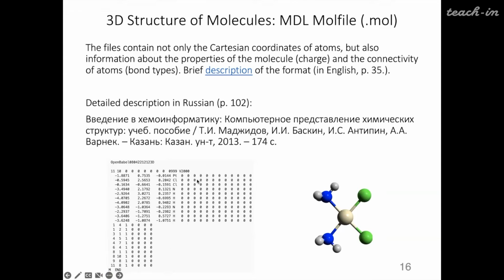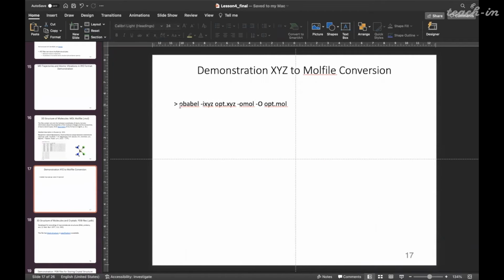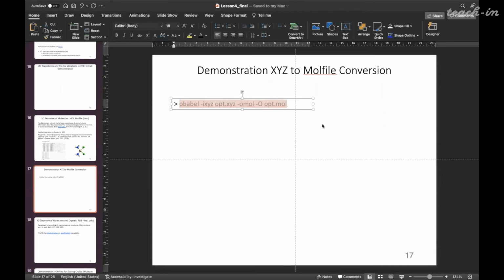Also, here you can have data on atomic charges, as I've told you before. And let's use OpenBabel to generate a mol file from an XYZ file.